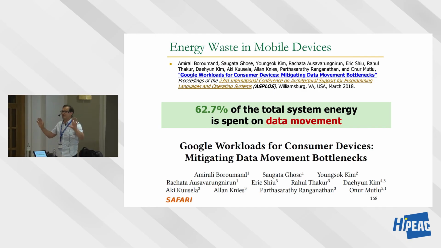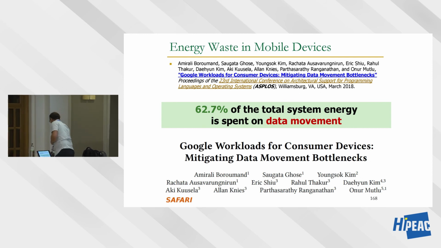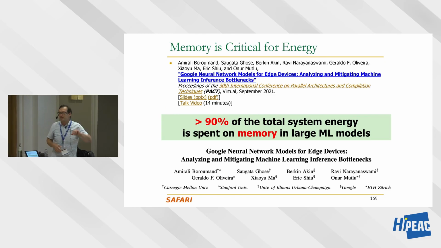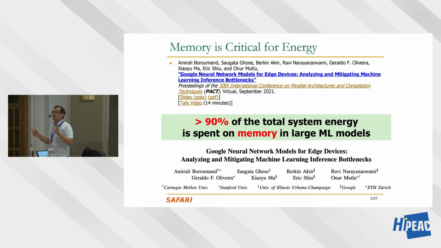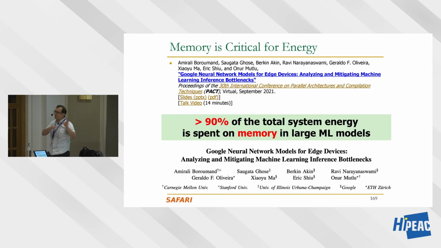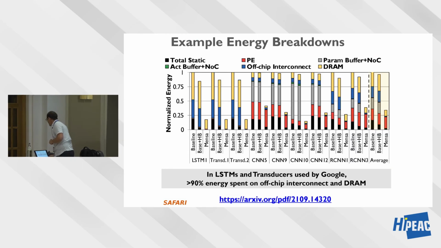This is average. And in my opinion, this is a very underestimate of the average. So we repeated the study with Google again in 2021, this ASPLOS 2021, and we found out that on their Edge TPU, Edge Machine Learning Accelerator, more than 90% of the total system energy is spent on memory in large machine learning models. And there are other people who have repeated similar studies. They found in some cases more than 99% of the energy spent on memory. So I'm going to talk about this probably tomorrow again, but just to give you an overview, this is from our paper.